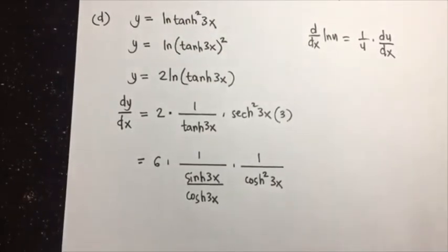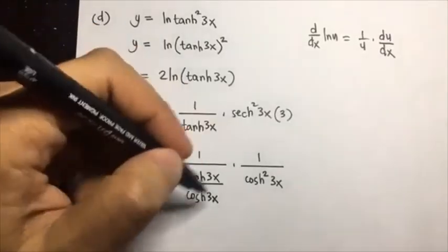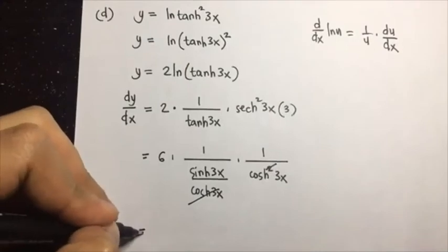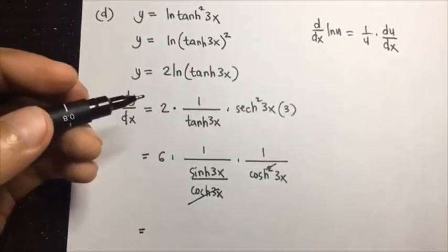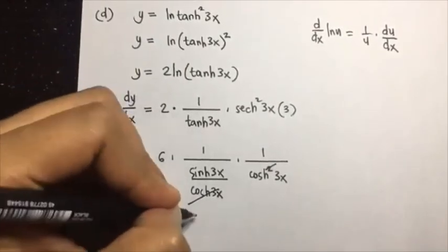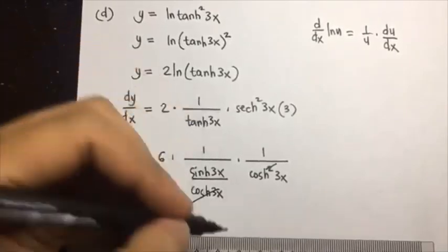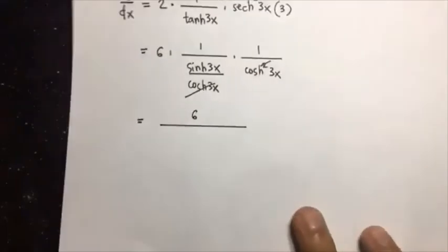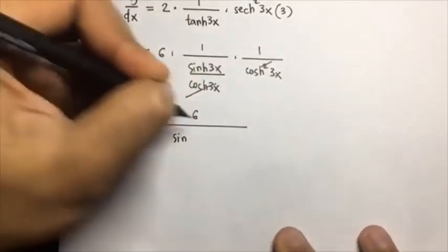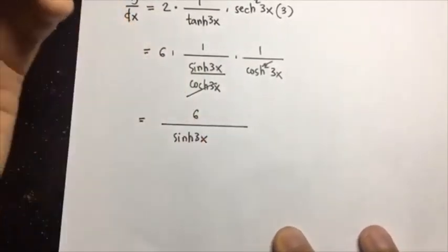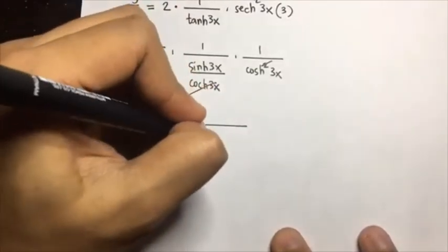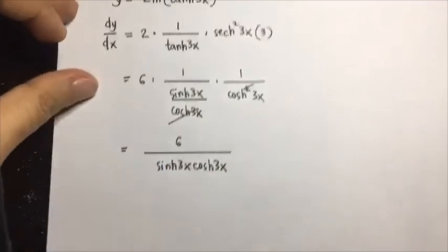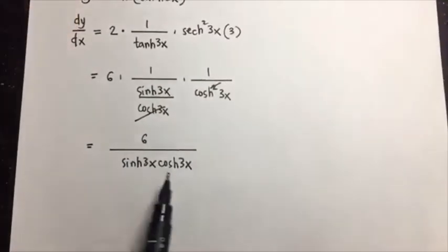Okay, as you can see, we can cancel out one hyperbolic cosine of 3x. So this will become 6 over hyperbolic sine of 3x and then hyperbolic cosine of 3x. But we can still simplify this.